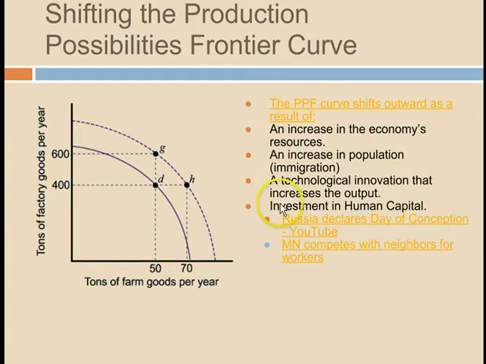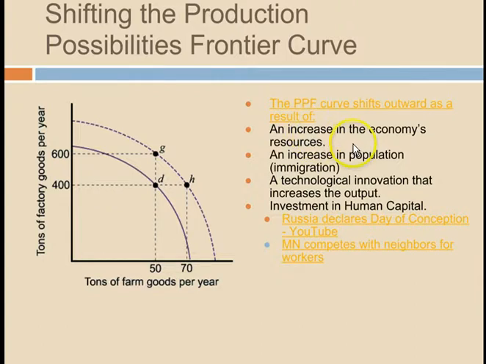So the question then is, how do we increase our PPF curve? Well, there's a number of things that we can do as a society and an economy to make that happen. One of the easiest things, and I guess I shouldn't say easy, is to increase your economy's resources. You can buy up new land, or you could take land from other individuals, and better yet, you could use that land to its fullest extent.